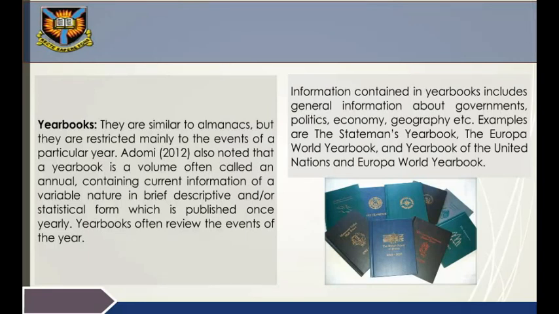Yearbooks often reveal the events of the year. Information contained in yearbooks includes general information about government, politics, economy, geography, and so on. Examples are the Statesman's Yearbook, the Europa World Yearbook, and the Yearbook of the United Nations.